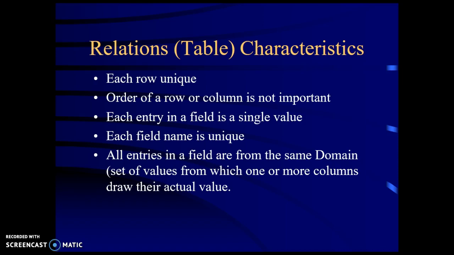However, if you have a course number, and the course numbers are limited to a value of 100 to 199, then the domain for that field of course numbers is 100 to 199. So that's what a domain is, a set of values from which you're drawing your actual value.